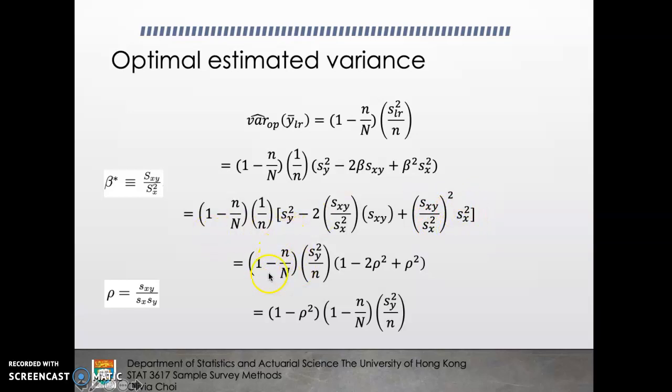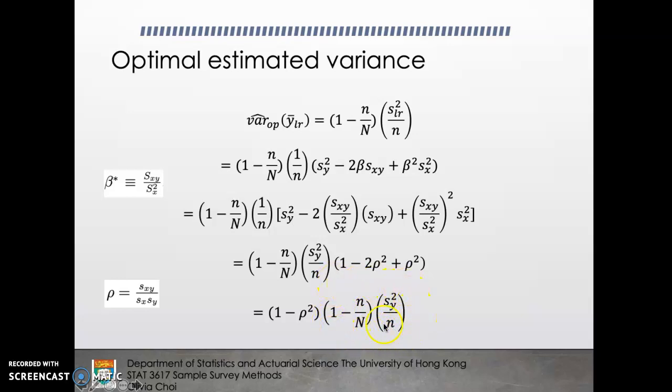So what we have is still the finite population correction factor, and we take sy squared out of the bracket. Then this becomes 1 minus 2 rho square plus rho square, where rho equals sxy divided by sx divided by sy. In other words, that would be expressed as 1 minus rho square multiplied by the finite population correction factor times sy squared divided by n.